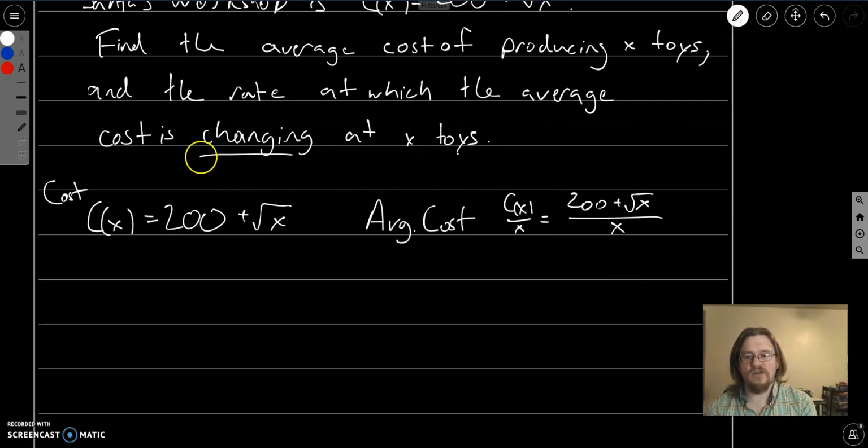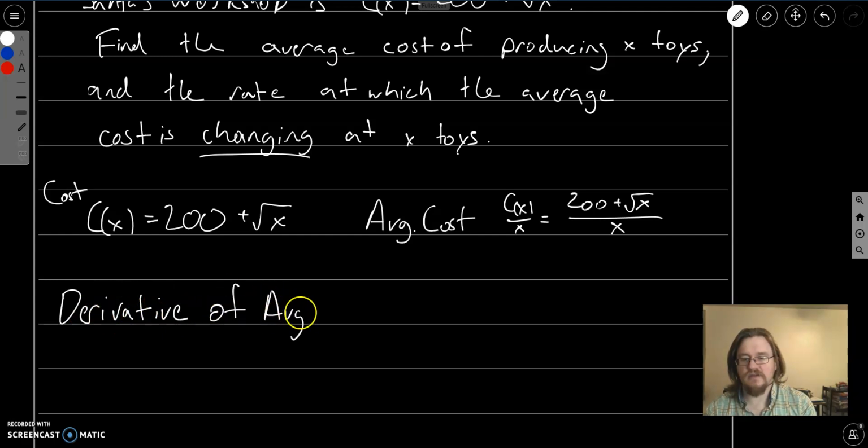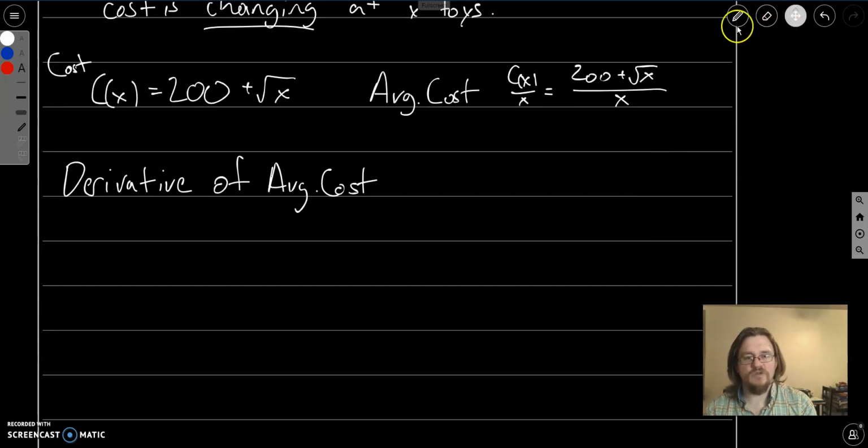When we're trying to find a rate of change, what we mean is the derivative. So what we want is the derivative of the average cost.